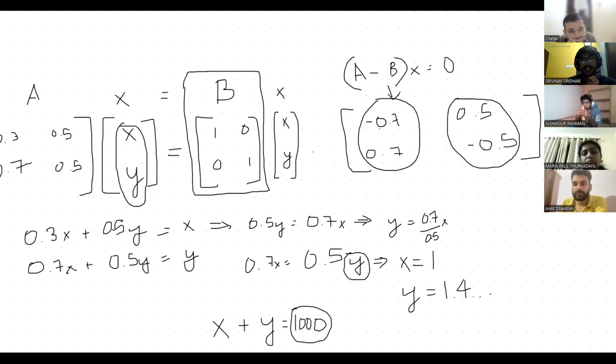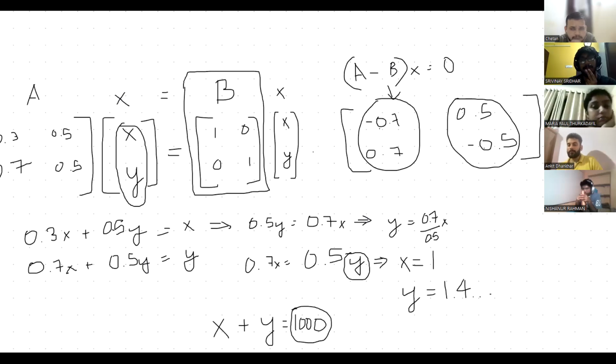This is nothing but the null space. Null space is all the points which are being mapped to 0, 0.